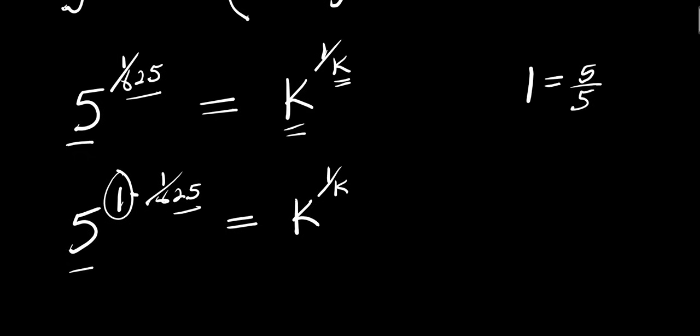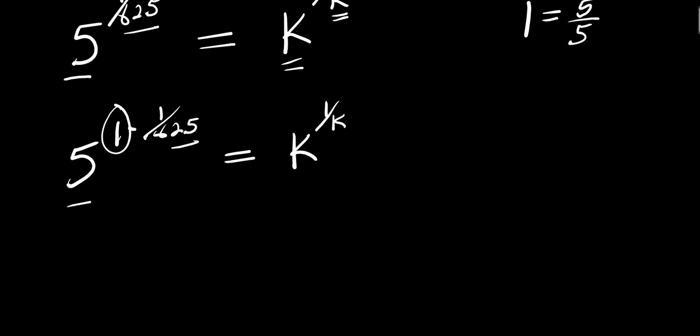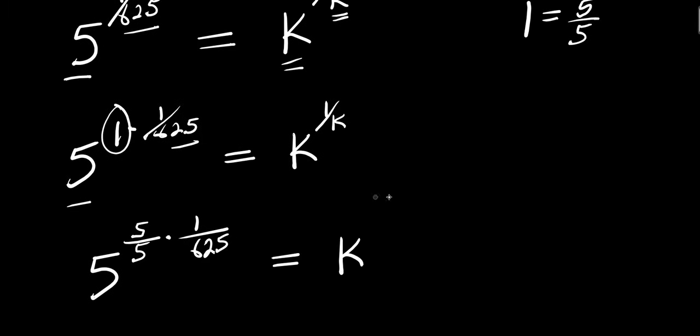So I will simply have 5 power, this is 5 over 5, times 1 over 625, equals k power 1 over k.